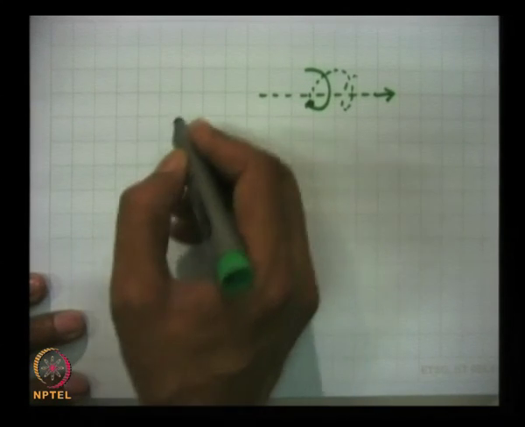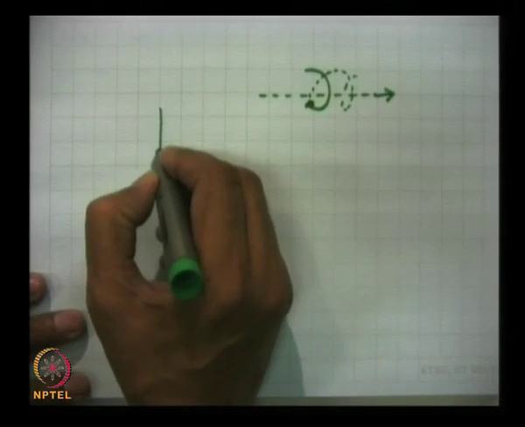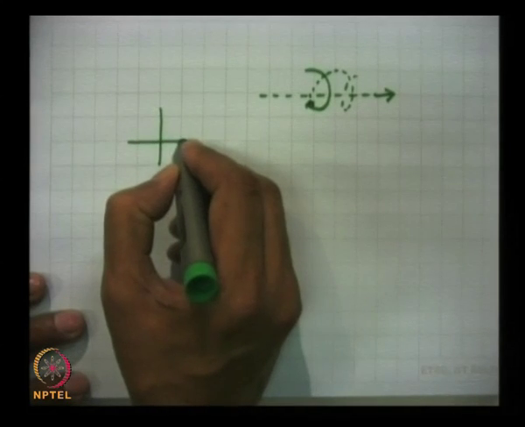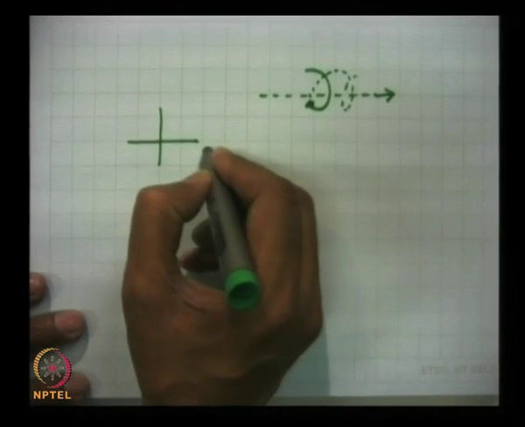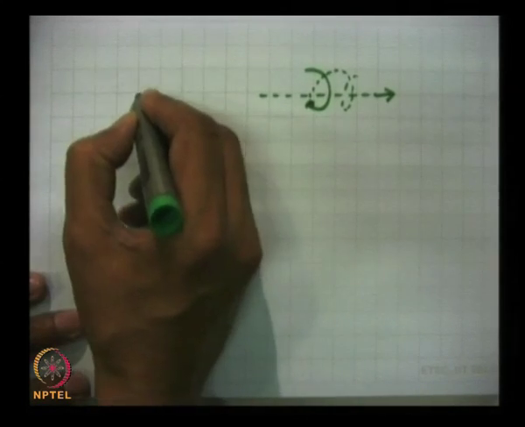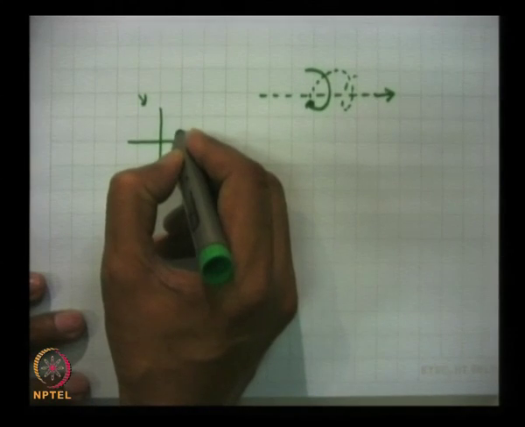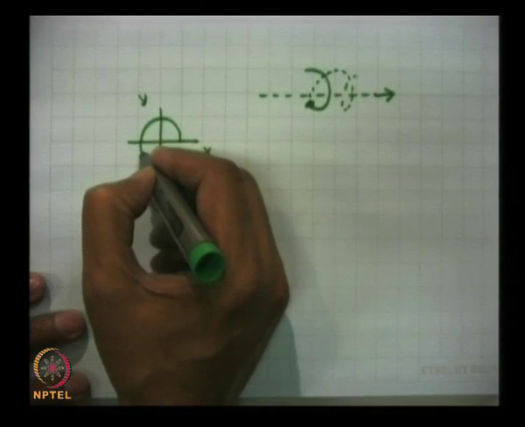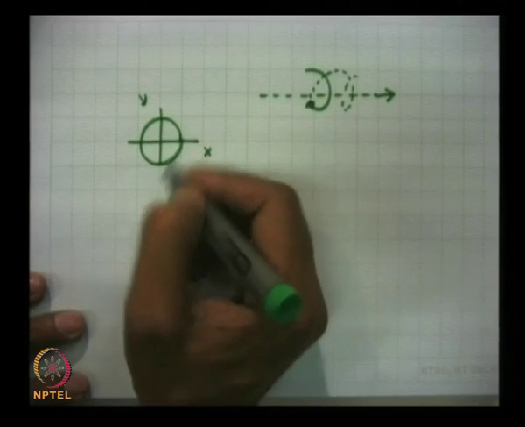So this is the electron motion, and if you examine the electron motion in the transverse plane, in the xy plane, what really is happening? Your electron is rotating, and if I plot here x and y, then the electron is going over a circle like this.